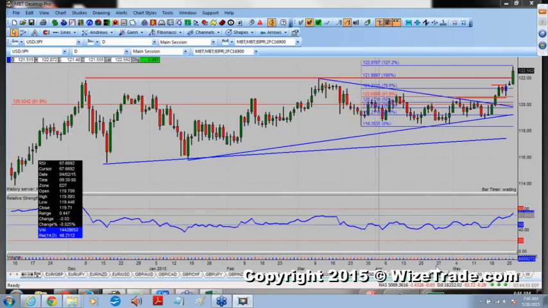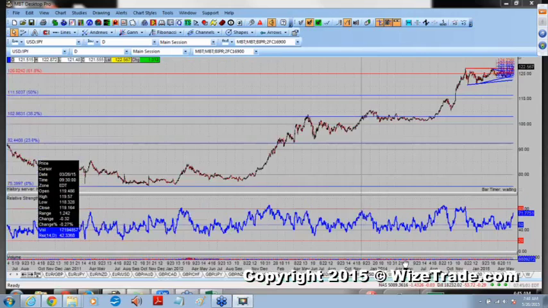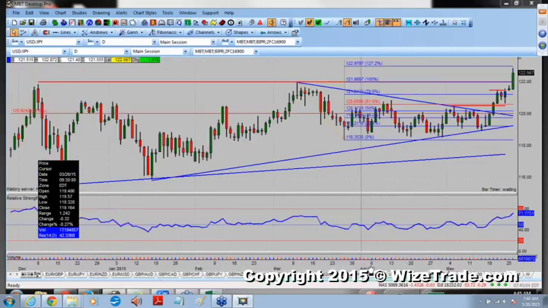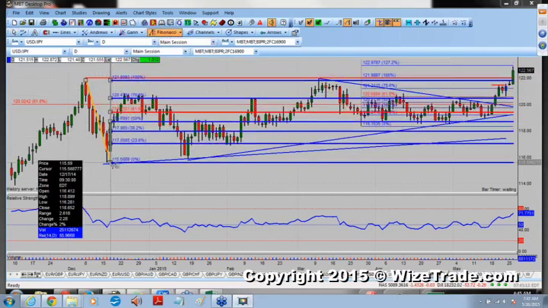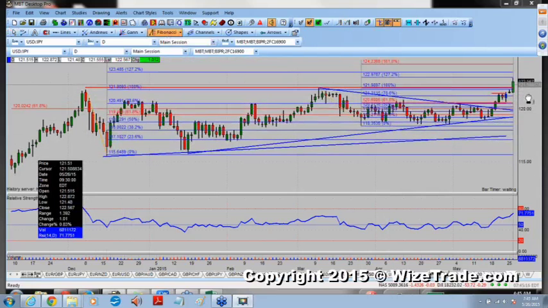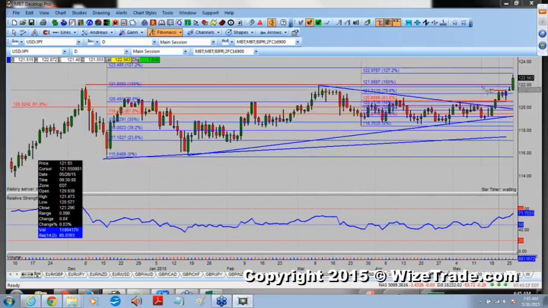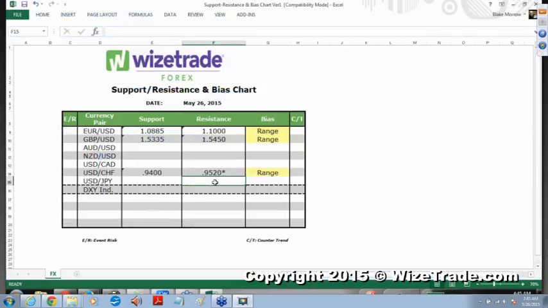But let me check something else really fast. Okay, we got 123, 123.50, but really it's 123. It's going to be huge resistance.